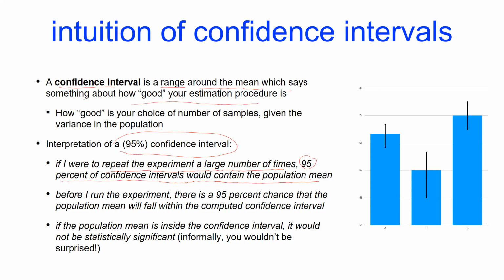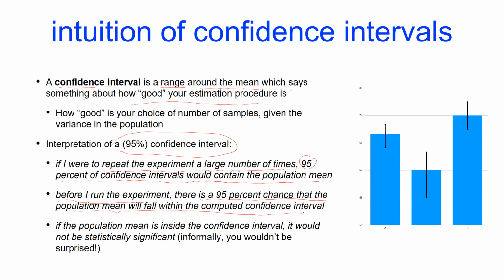What does that mean? Or, before I run the experiment, there's a 95% chance that the population mean will fall within the computed interval. Try to pick one explanation which makes sense to you.